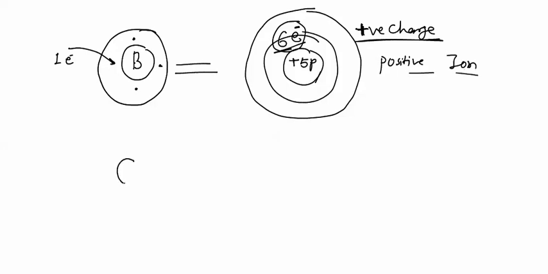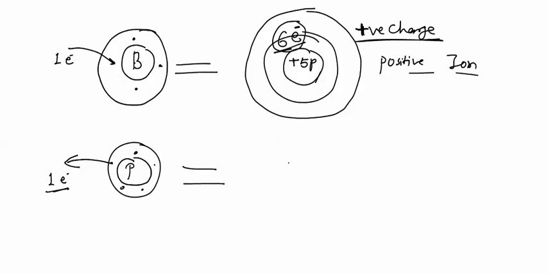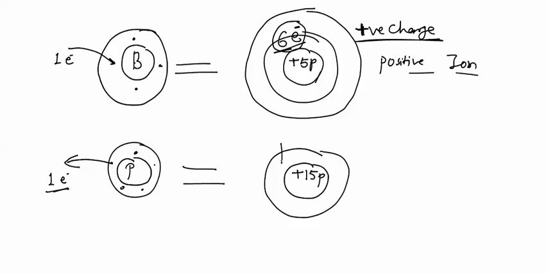In case of phosphorus, it has 5 valence electrons, and out of these 5 valence electrons, one valence electron will be donated to the material, and with the donation of this one electron, in phosphorus the nucleus will consist of 15 protons, and it will be surrounded by only 14 electrons because one electron is donated to the material.